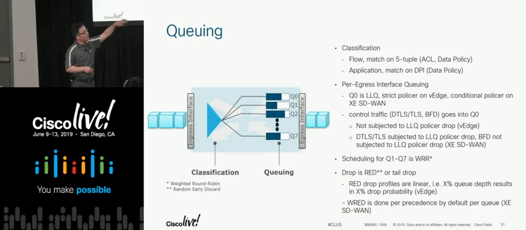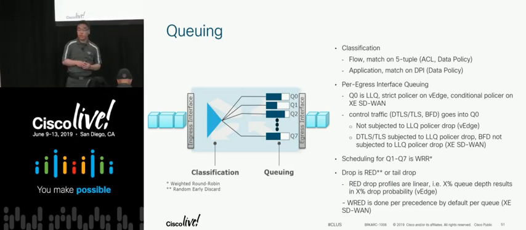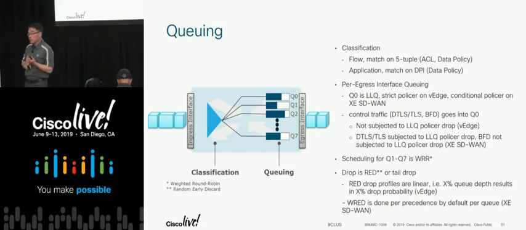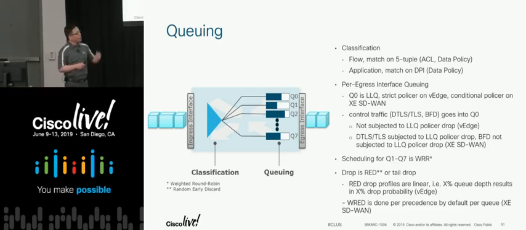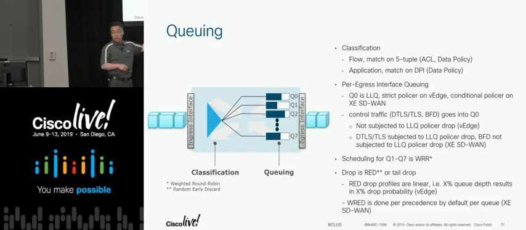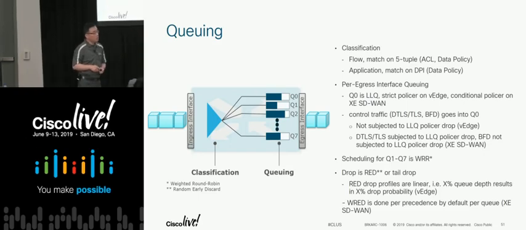On the vEdge, because they use the strict priority policer implementation, it is not subject to the low latency queue policer drop during congestion. On the XE-SD-WAN platforms, the control traffic, TLS and DTLS, is subject to the conditional policer drop, but the BFD packet is not subject to drop, which means the BFD packet always gets transmitted, even if congestion occurs. And Q1 to Q7 are scheduled using weighted round robin.